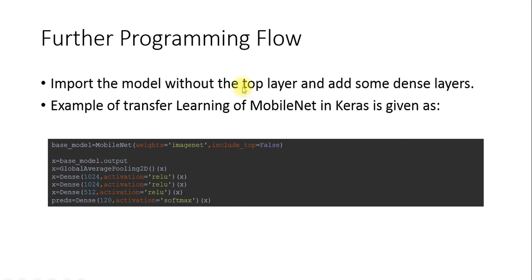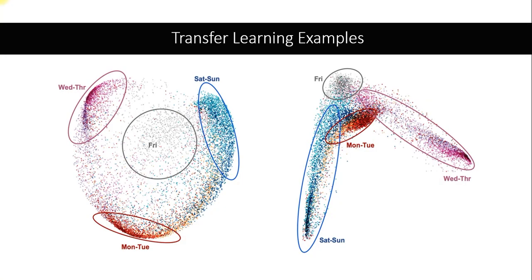This is just an example of transfer learning of MobileNet in Keras. We have the base model, which is MobileNet, which we imported in. These are the weights. Weights are actually stored in this variable called ImageNet. Then we just continue by adding our own layers onto the pre-trained MobileNet model.